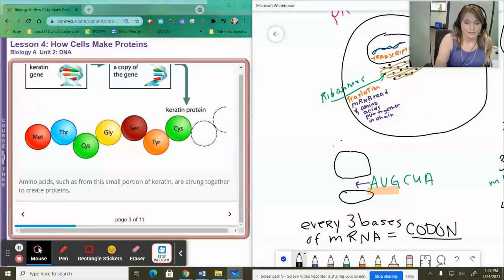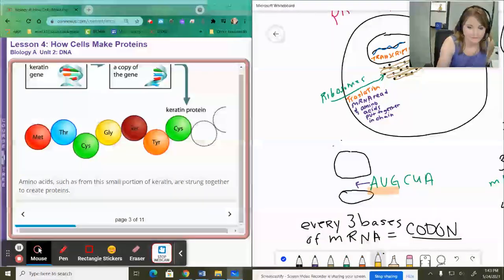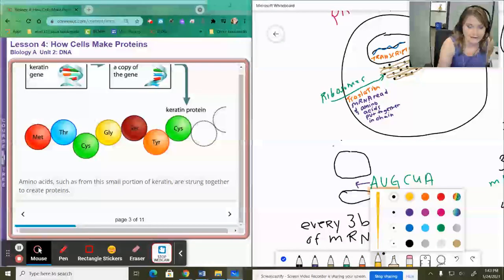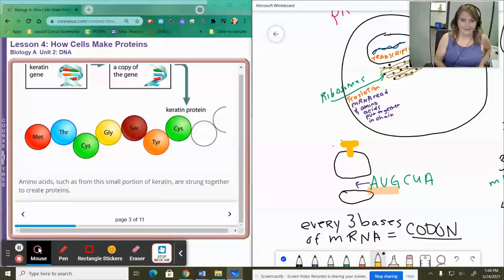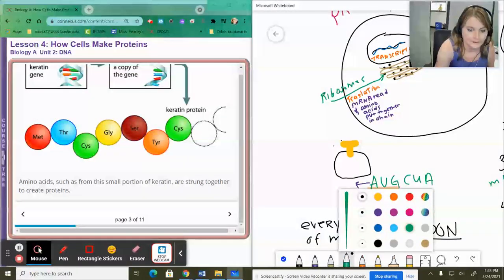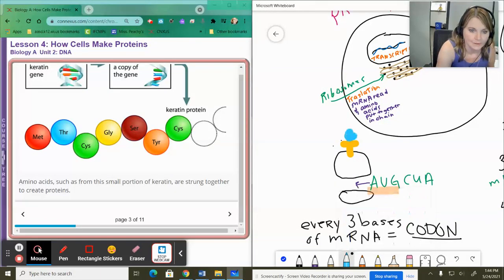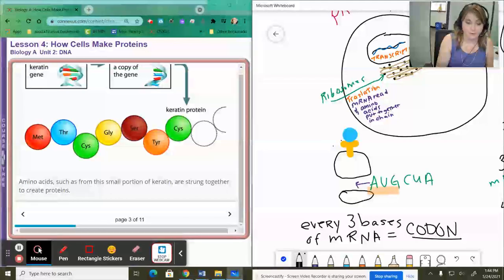Then another molecule known as tRNA looks like a little T. They're like little alien ships that fly around. Each one is carrying an amino acid on the top. It kind of looks like a person. The bottom of it has a sequence of code that's the complement to codons.